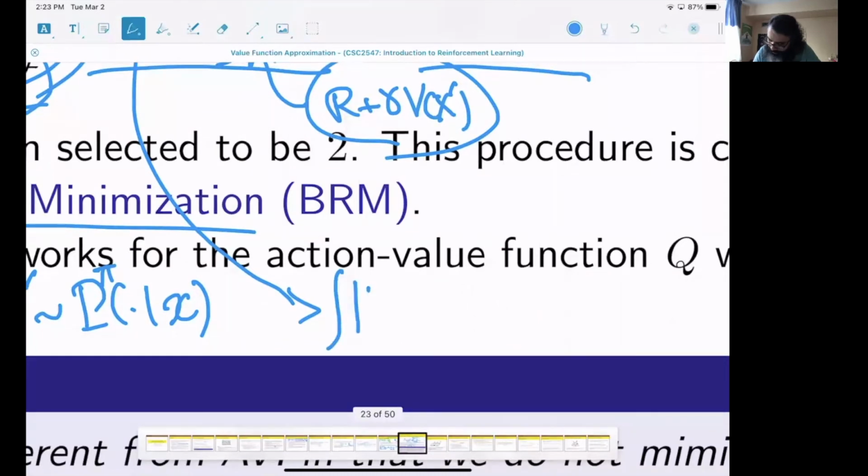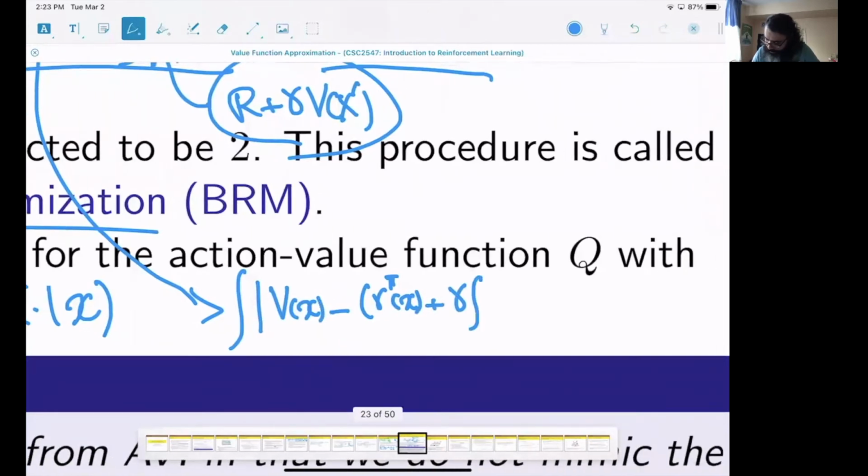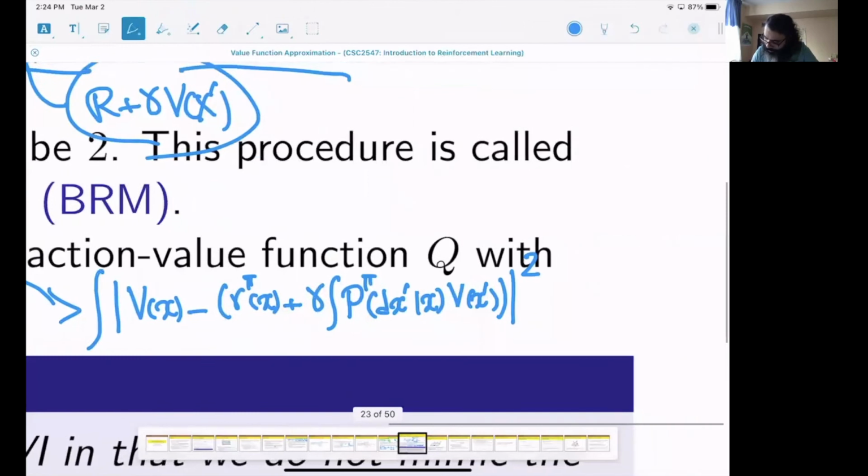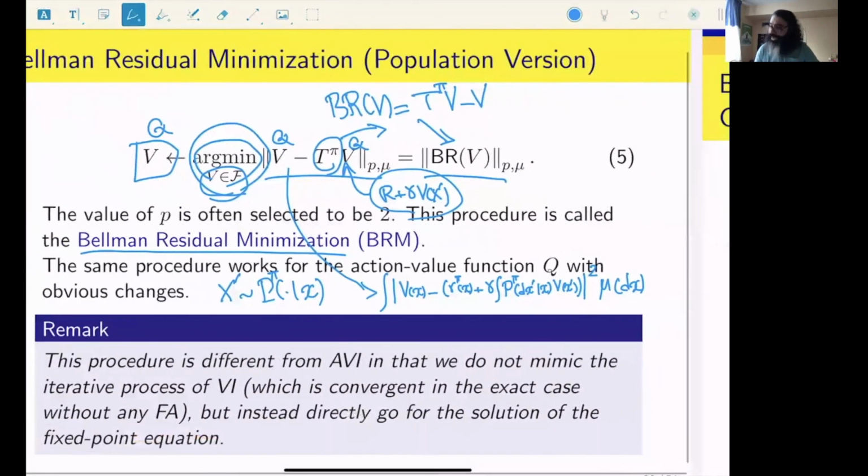I'm talking essentially about V(x) minus r^pi(x) plus gamma times the integral of P^pi(dx' | x) times the value at x'. And then the weighting would be according to distribution mu. So that's the loss function that we have.